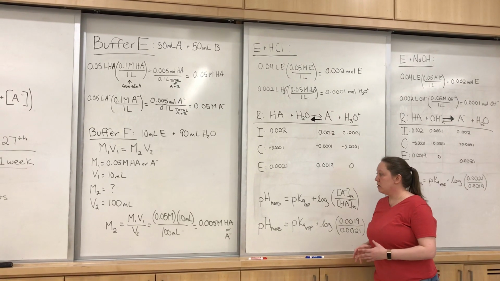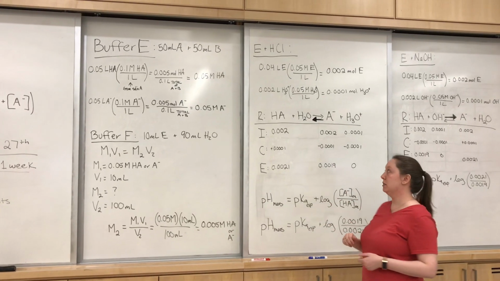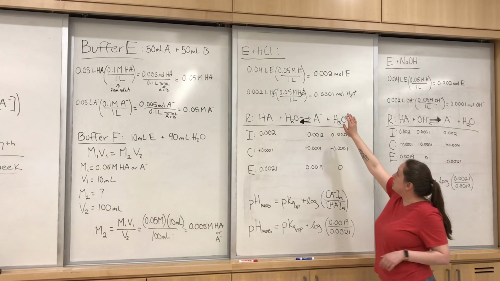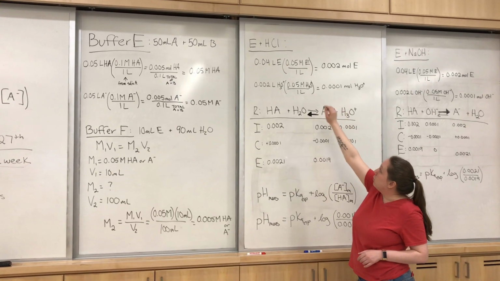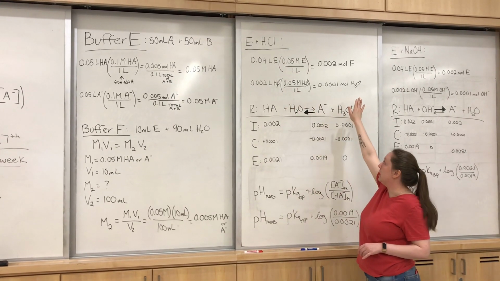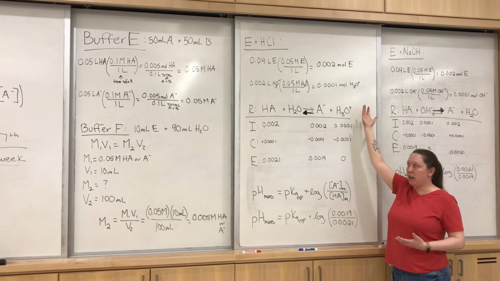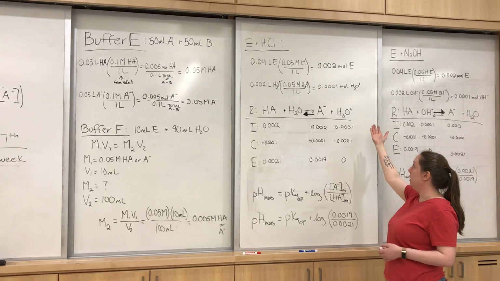So in order to figure out how these guys are going to react, we need to convert them to moles. When you multiply volume times concentration, you're going to get your moles. So we need to find out how many moles of HA and A minus we're starting with.